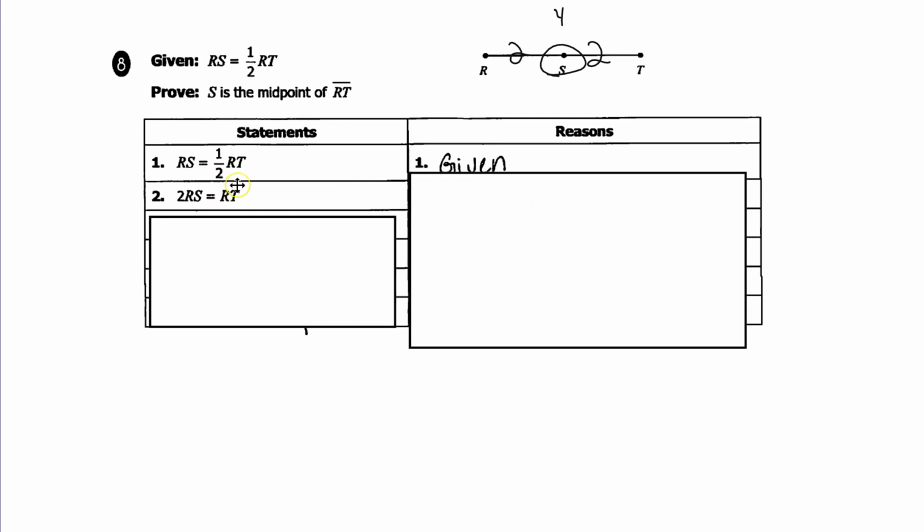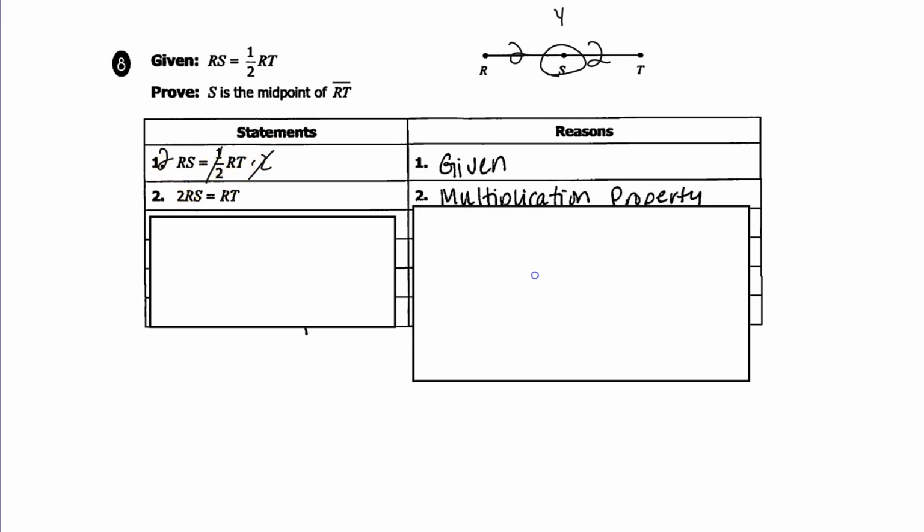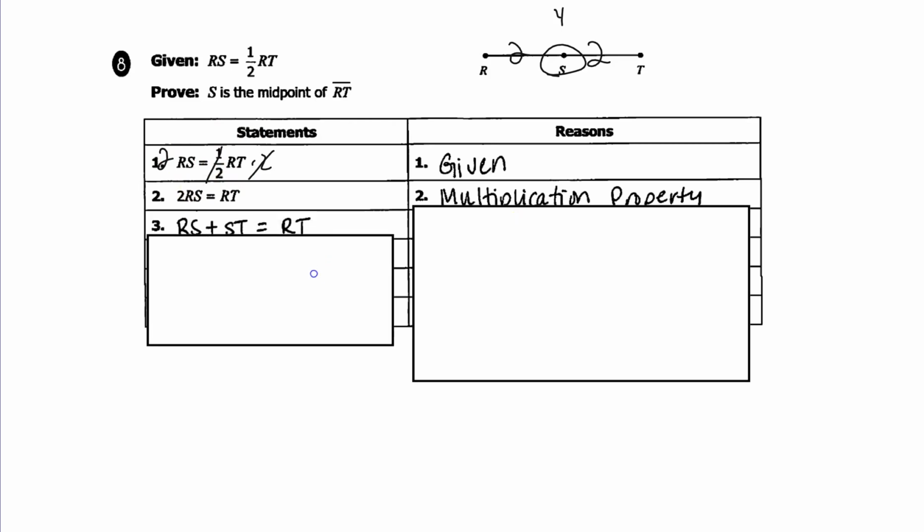How do we know that 2RS equals RT? Well, think about it. If we multiply this by 2 and multiply this by 2, those cancel out and we're left with that. So all we did was multiply. RS plus ST equals RT.